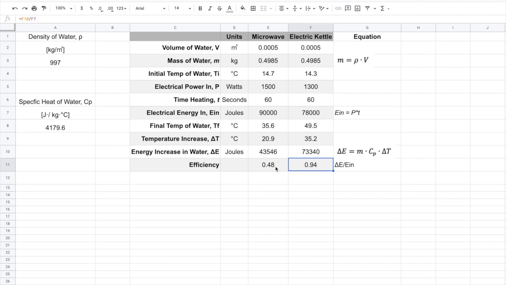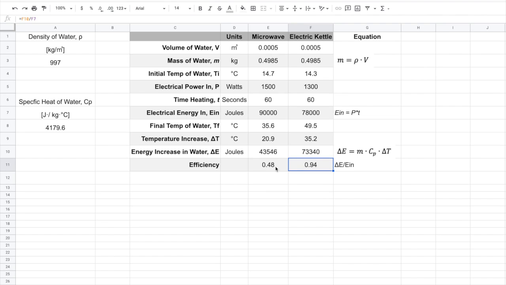So it's a little beyond the scope of this discussion, but it essentially has to do with energy conversion. And the microwave has to step through basically from electrical energy to a microwave tube that then heats up water. In the case of the electric kettle, it's very direct. It goes electricity directly to heat through a resistor, which is an electronics term, but it's essentially a way to generate heat using electrical current.